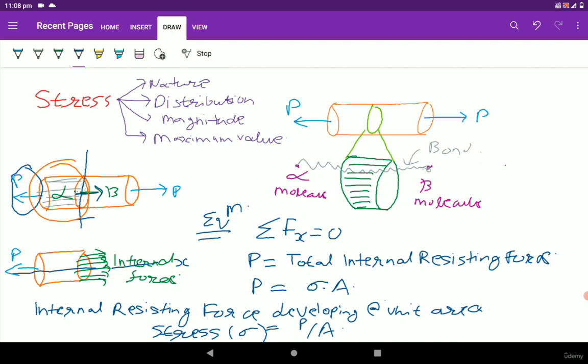So now let's focus on another concept, that is Hooke's law. So let me erase this first.